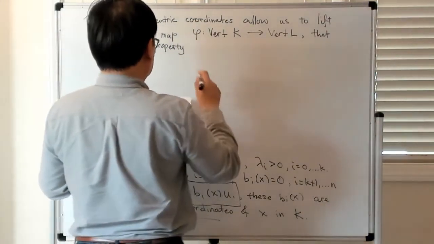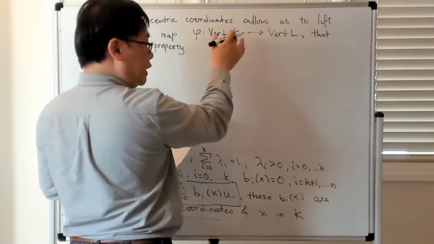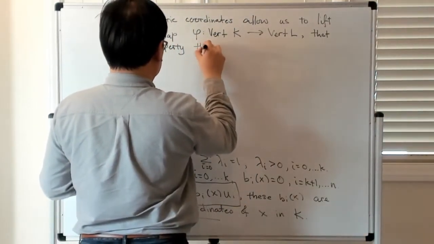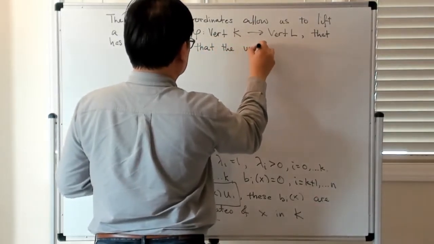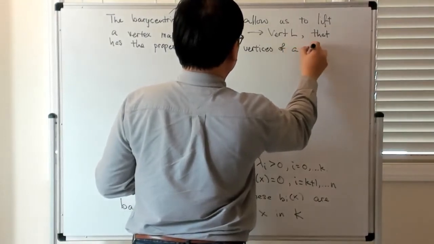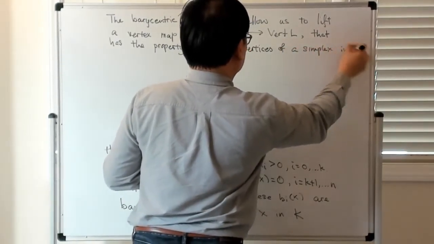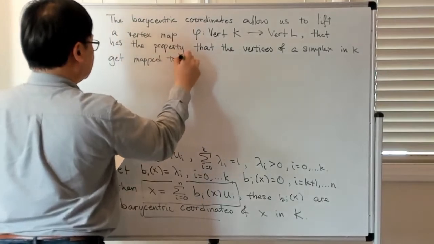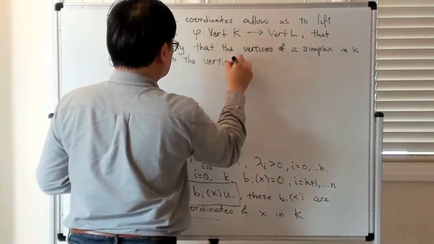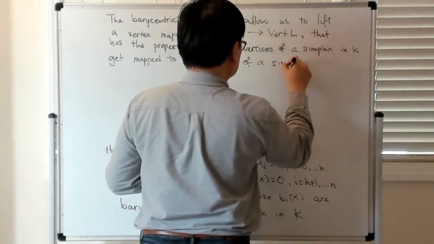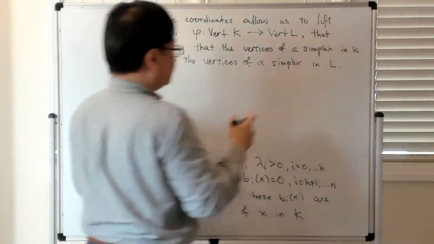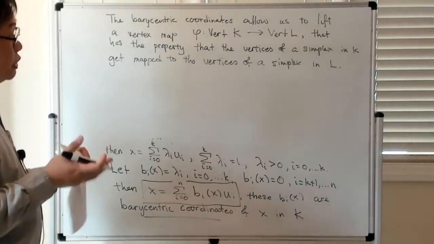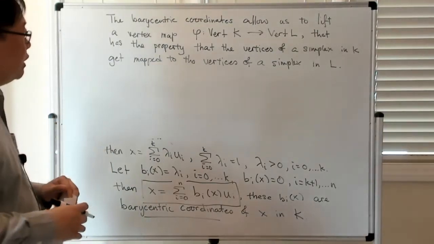Okay, so let me rephrase that. The vertices of a simplex in K get mapped to the vertices of a simplex in L. Okay, so if that's true, it's easy to convince yourself that this is going to set you up for a situation where essentially you're going to map simplices in K to simplices in L, right?